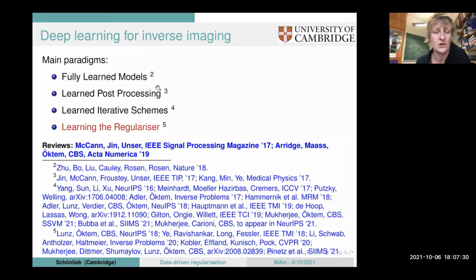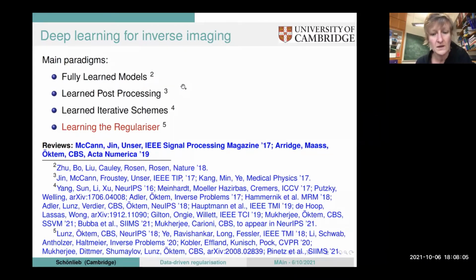So fully learned models is actually not what I told you we should do at the beginning, which is combine deep learning with mathematical modeling. Fully learned models throw away the formalization of everything you know about the image you want to reconstruct and the physics that have generated the measurements, and express everything through a neural network. So you learn everything.